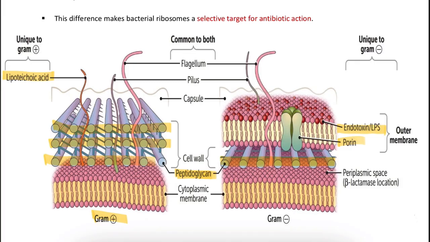But in gram positive, no outer membrane. Next, gram negative bacteria have thin peptidoglycan, already discussed, and an outer membrane with lipopolysaccharide, or endotoxin, and porins, protein channels for molecule entry. The periplasmic space contains beta lactamases and antibiotic destroying enzymes.